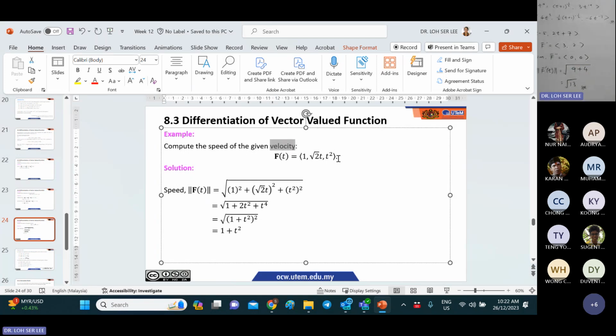This is a velocity, so the speed of this velocity is the magnitude of this velocity. Speed is the magnitude of velocity. So change this from path into velocity.